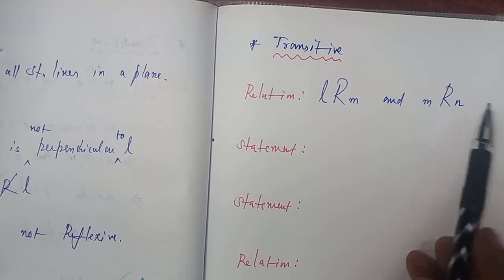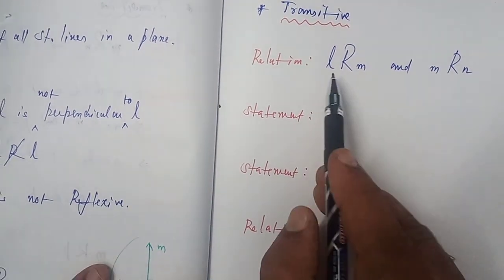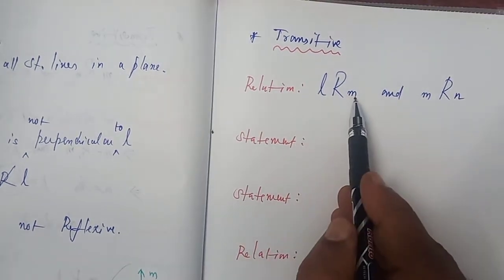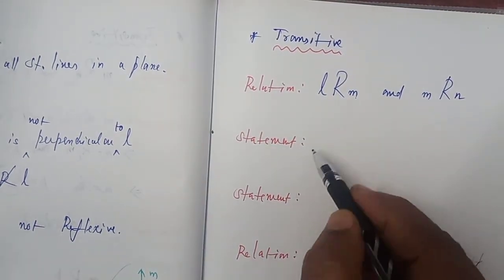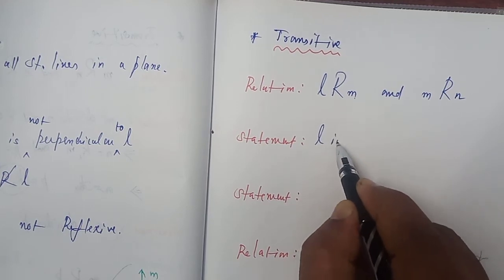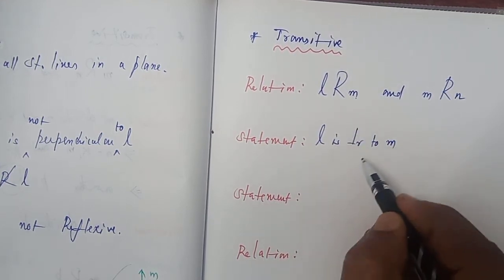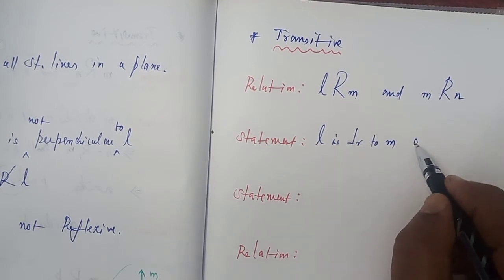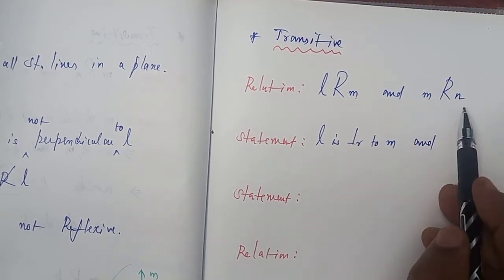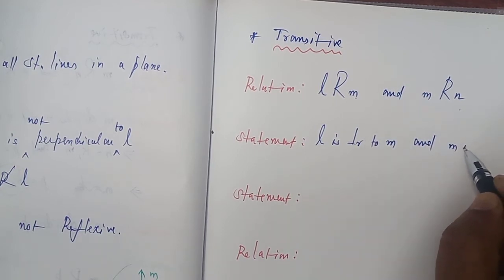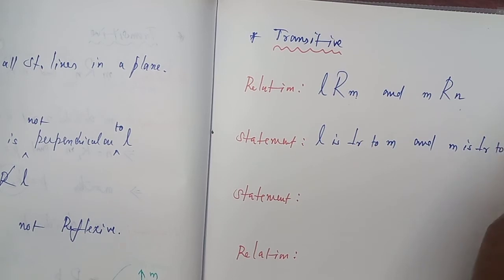We can verify, right? First we write the statement for this relation. L is related to M. According to this problem, L is perpendicular to M. This is the symbol for perpendicular, you know that. And M is related to N. According to this problem, M is perpendicular to N. First we can verify.